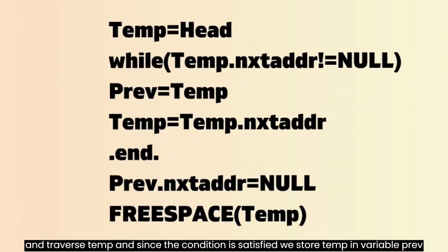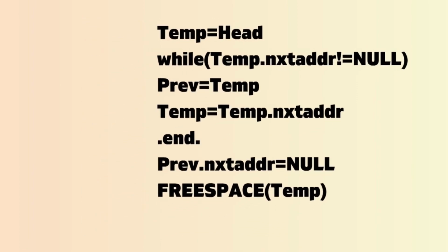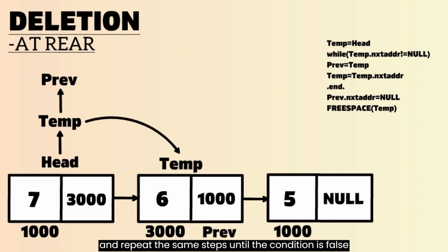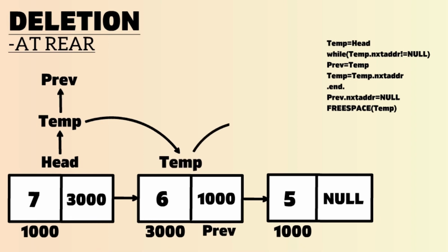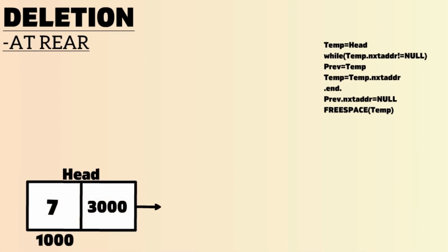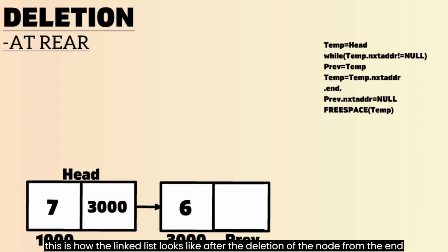And since the condition is satisfied, we store temp in variable pref. And repeat the same step until the condition is false. Now that the condition is false, we delete the last node and update the pointer address of the previous node as null. This is how the linked list looks like after the deletion of the node from the end.